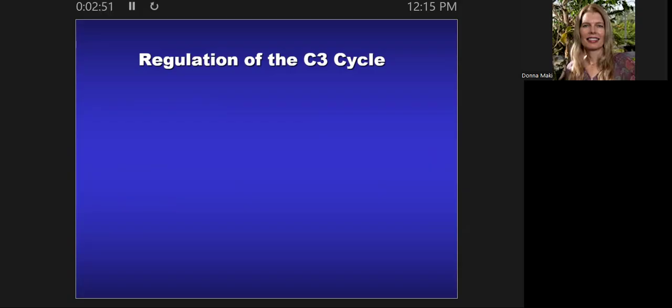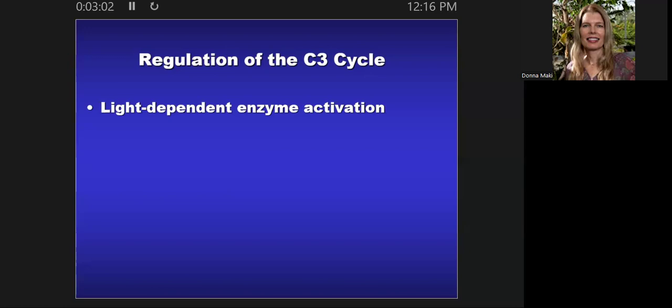That all just fades away. And the reason for that is that several of the enzymes in the Calvin cycle, that I didn't ask you to know about, except for Rubisco, are what they call light dependent. They need light in order to fully function.